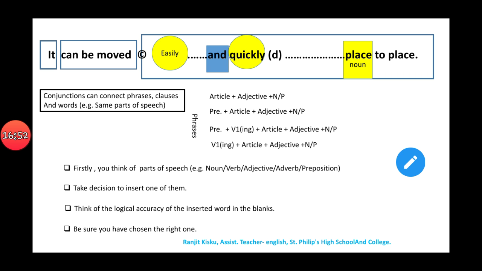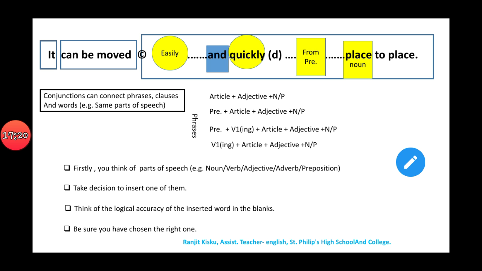If there is no need to modify the noun, we don't need any adjectives. So we need an article or preposition. The second phrase: preposition, article, noun. Adjectives and articles are basically used to modify the nouns.